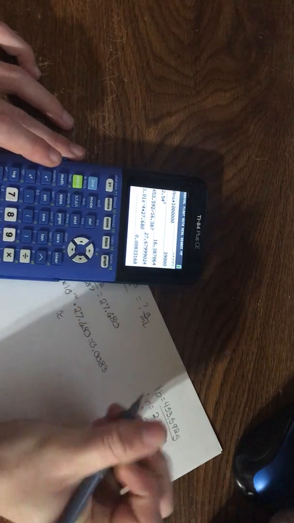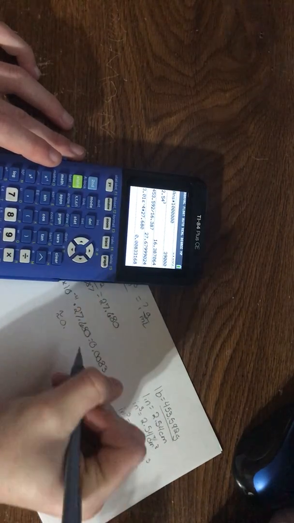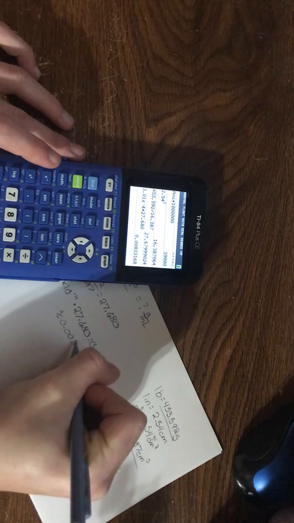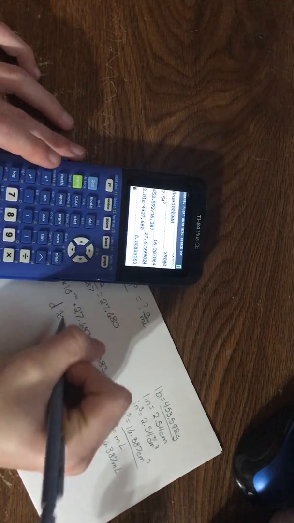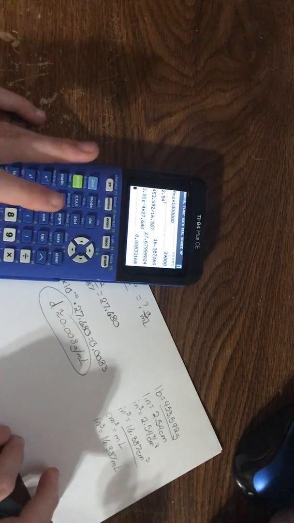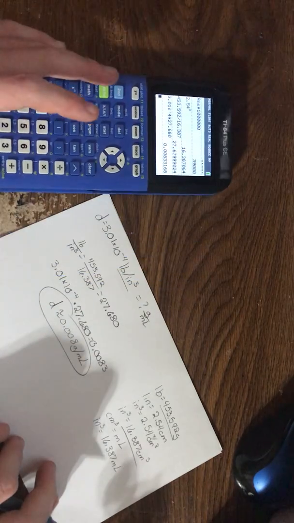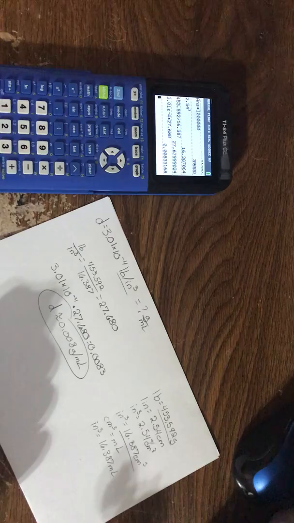They wanted it to 3 decimal places, so that would be the density. Simple enough.